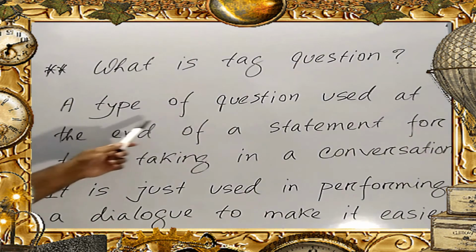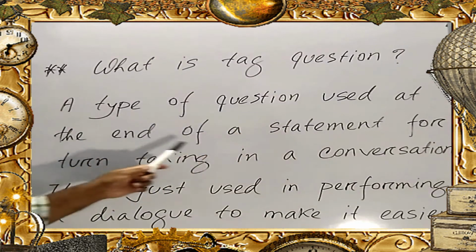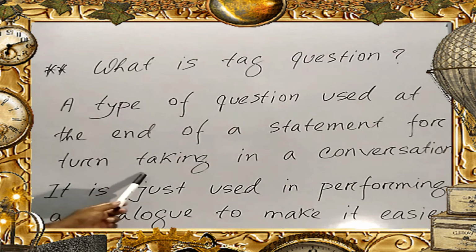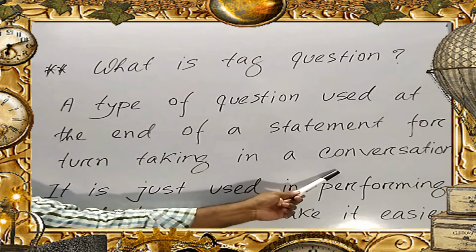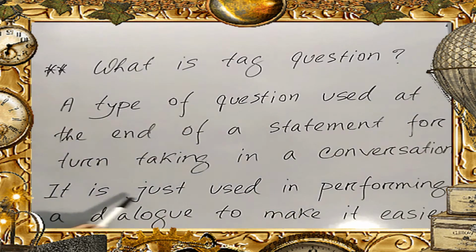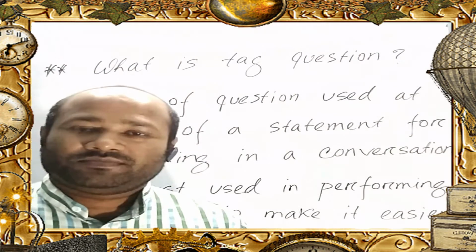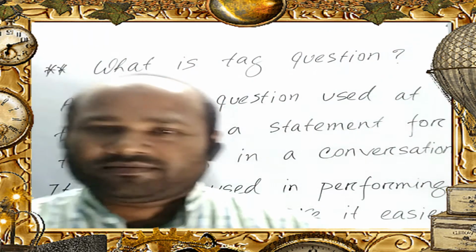Tag question, a type of question used at the end of a statement for turn taking in a conversation. It is just used in performing a dialogue to make it easier. So you can understand it is a type of question which is made at the end of a statement.